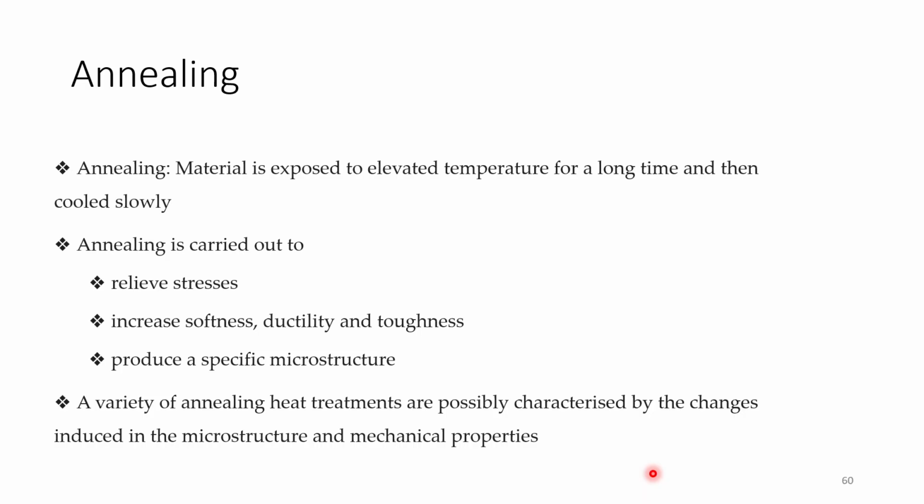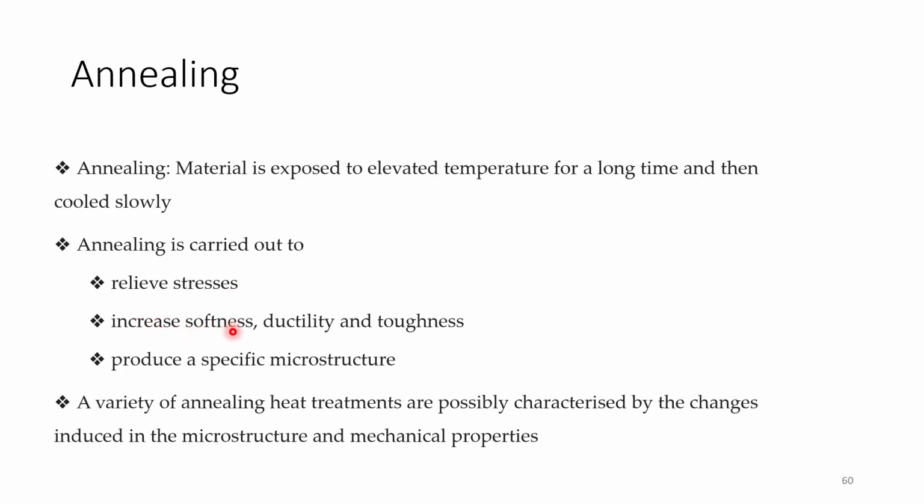Then in annealing, material is exposed to elevated temperature for a long time and then it is cooled slowly, so mainly furnace cooling. The annealing is carried out to relieve stresses, increase softness, ductility and toughness, and produce a specific microstructure. Okay, so there is stress relief annealing.